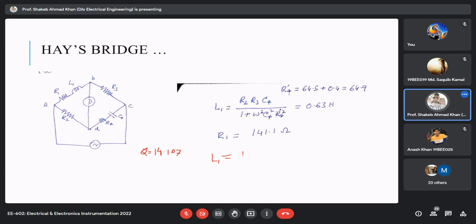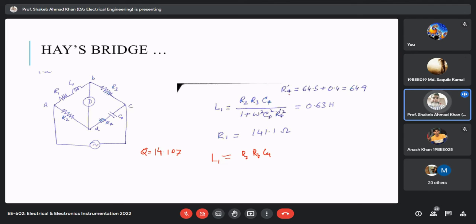So for L1 you can use R2 R3 into C4, sorry. So with this equation you can, similarly you can use the approximate equation for R1.